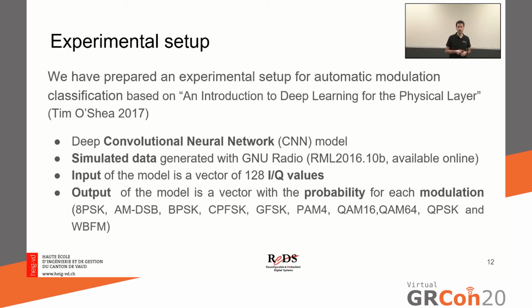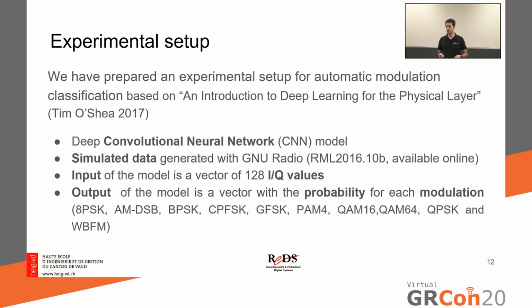So now we have prepared a small experiment to show the capabilities of our block. We have prepared an example for automatic modulation classification, which you can find in different places.